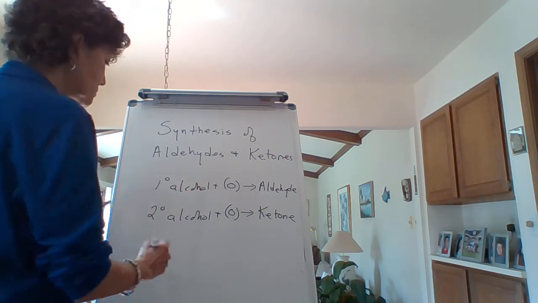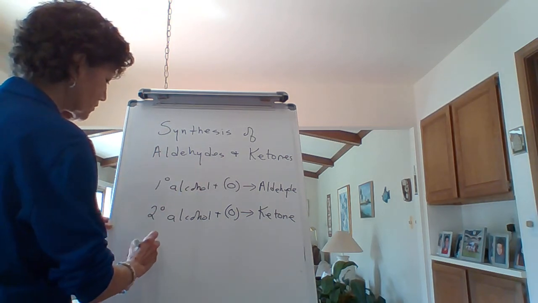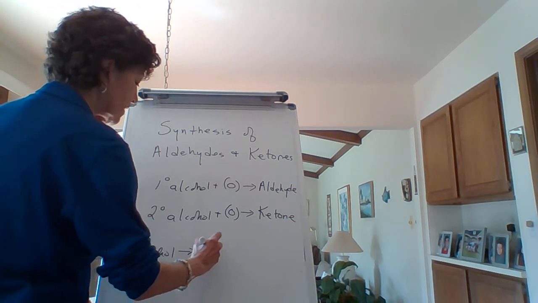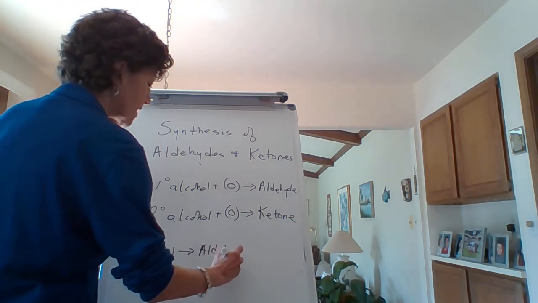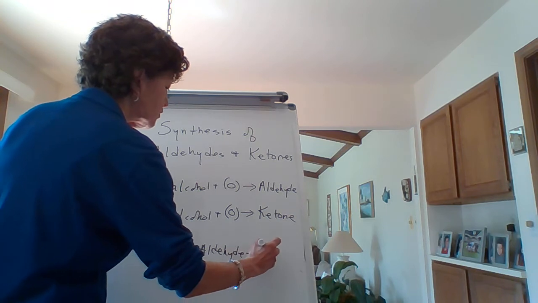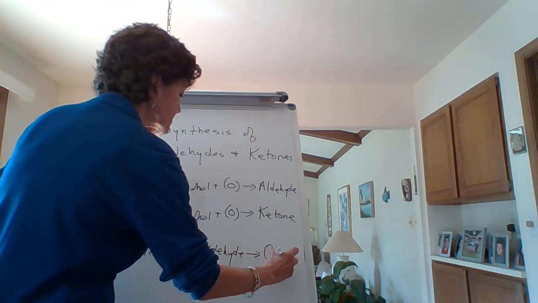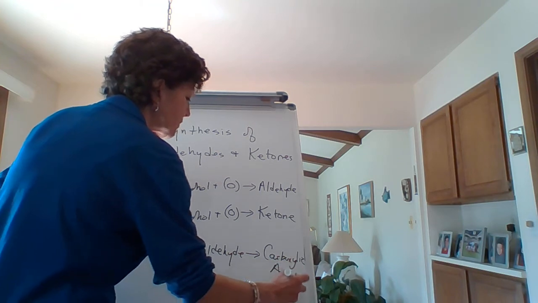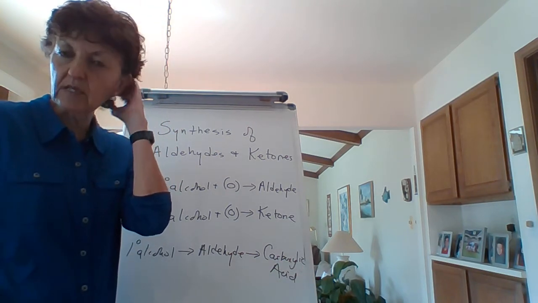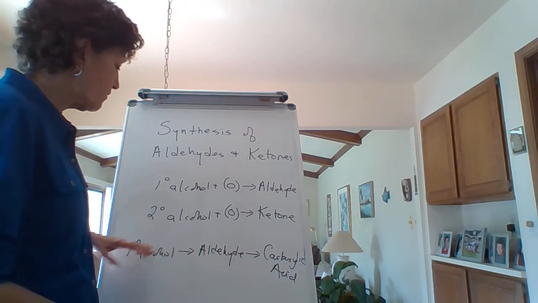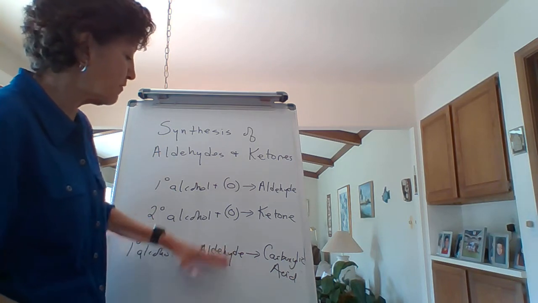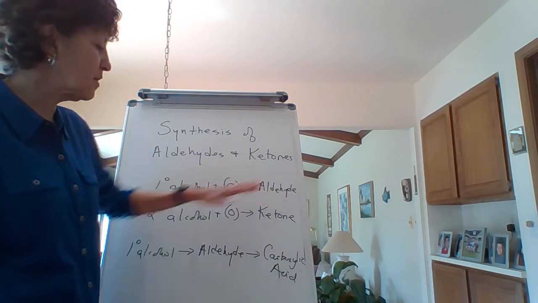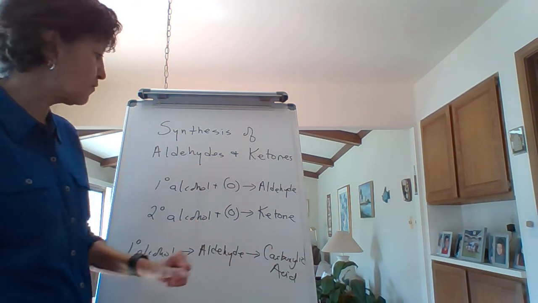So technically speaking, if you start off with a primary alcohol, you can turn it into an aldehyde and then into a carboxylic acid, which is a functional group in the next chapter that we'll be dealing with. All right, but this oxidizing agent will go from this to this. Or you could just say this can stop here or can continue all the way over here.